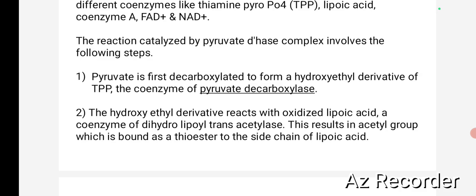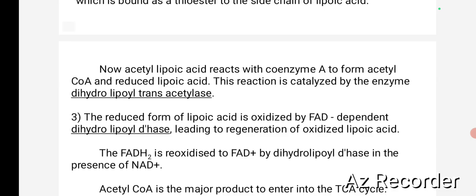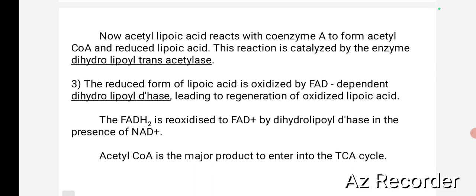This results in an acetyl group bound as a thioester to the side chain of lipoic acid. Now the acetyl lipoic acid reacts with coenzyme A to form acetyl-CoA and reduced lipoic acid. This reaction is catalyzed by the enzyme dihydrolipoyl transacetylase.